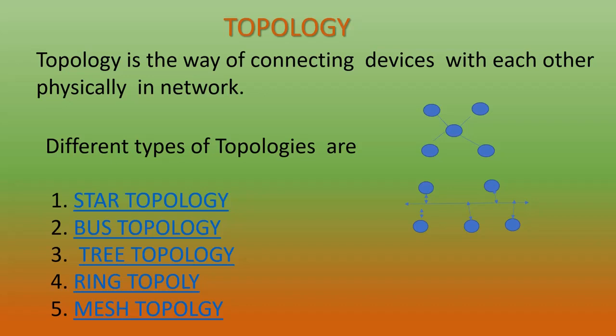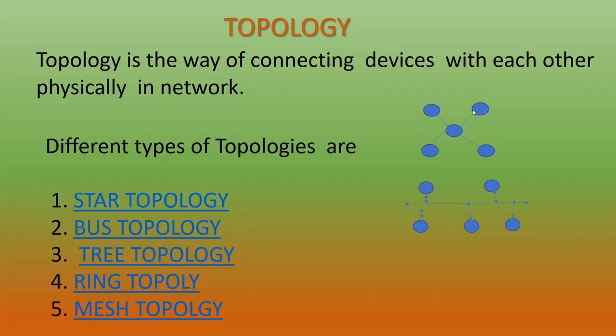Star topology. See the picture I drew over here. In this picture, this is just like a star. Each node, these are known as nodes or devices, which are connected in the network. And the central device is known as hub or switch.